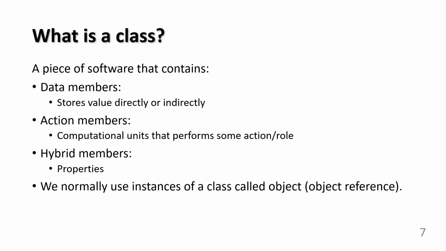What is in the middle? Hybrid. Okay, or the best is to say properties. Properties are in the middle, a combination of data and action, which means you can have action over your data.